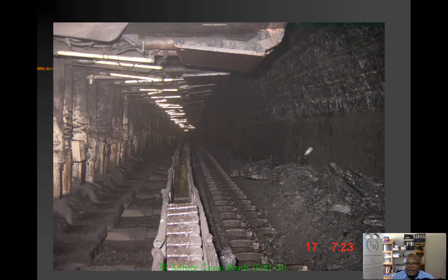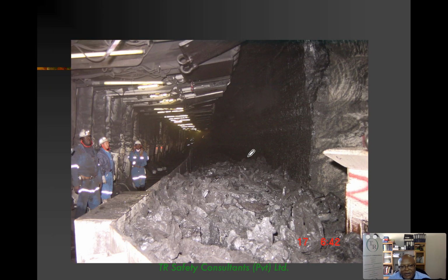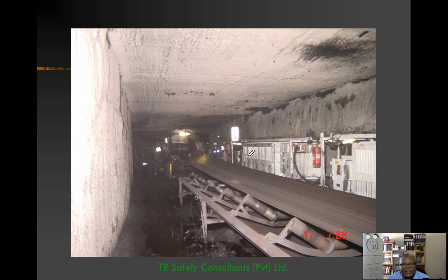You can see all the coal that has been dropping on the armored conveyor belt, and you can see the protection for employees. Behind here is your goaf that is falling behind you. There you go. The armored conveyor belt from the machine feeds into this conveyor belt, which takes it out. You can see there's stone dusting, which we're going to explain, and whitewashing, because it's dark and you need more illumination.